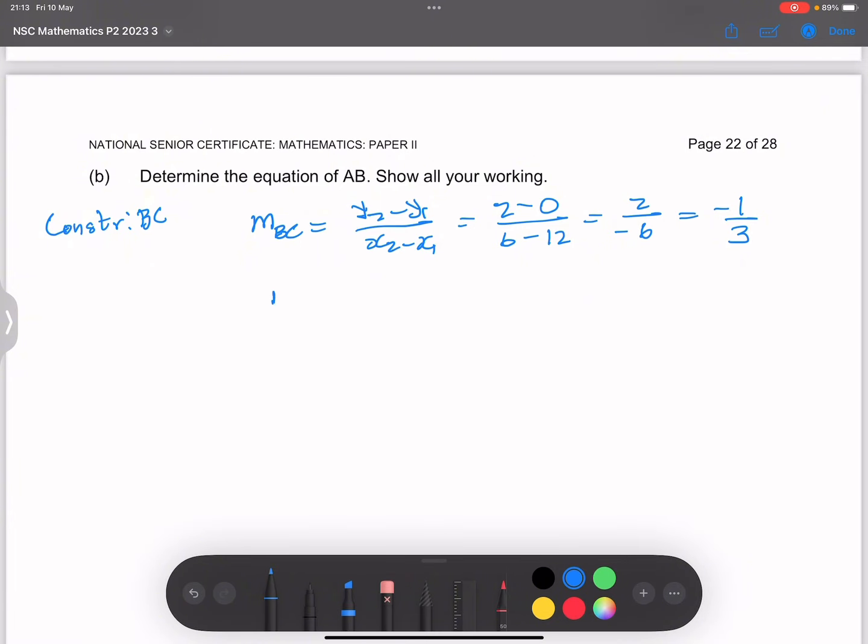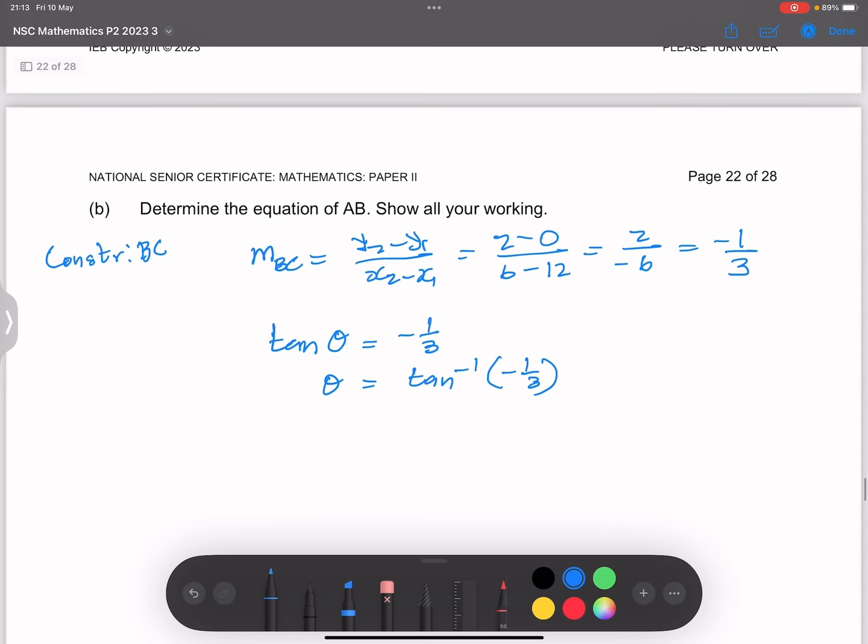Right, now we can find the angle. So the tan of angle theta would be equal to the gradient, and so theta would be the arctan of negative 1 over 3. Let's find that quickly.